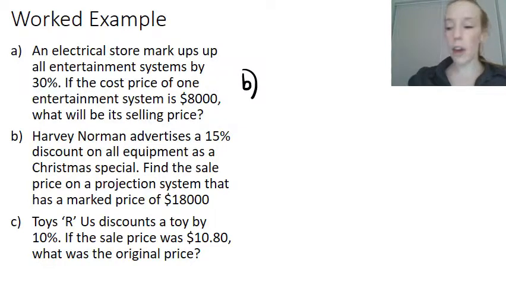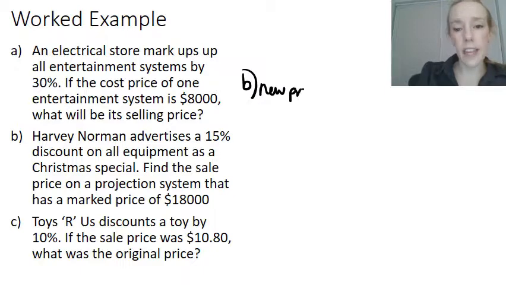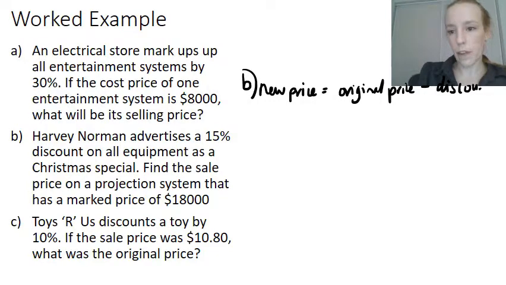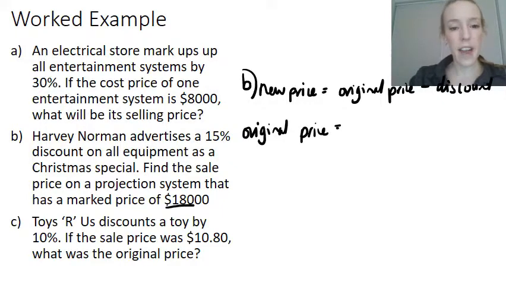Actually, I'll start further up the page. Okay, so we're trying to find our new price. Our new price after the discount is obviously going to be our original price minus our discount. Our original price, if we look at our question, is $18,000.